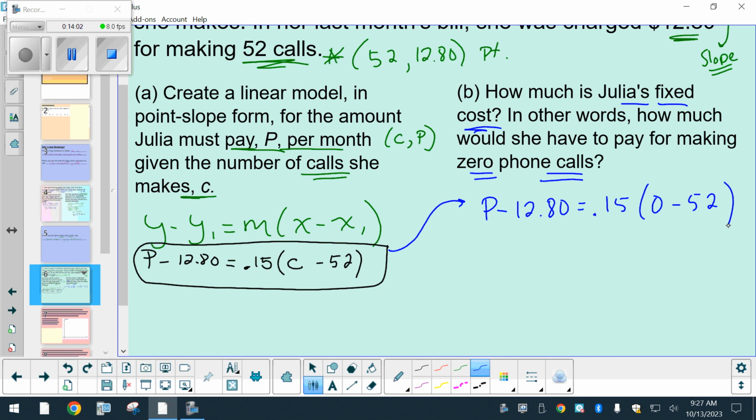So one way is you can plug 0 into here, right? And then I'll show you what you had done, Diana. This would be like 0.15 times negative 52, right? Use your calculator for this.